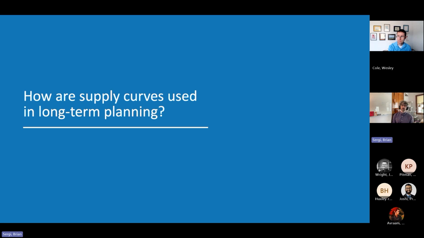I think the answer is yes. There's a couple of different ways we store stuff. There is in that supply curve folder a metadata folder, and that contains some JSON files that have things like the specifications for the reV run that was used to generate the supply curve.